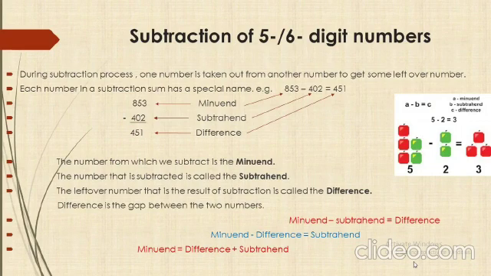Here one more thing, this minuend and subtrahend may be the same, and subtrahend may be 0. Now, this fact is used in 3 different ways. Minuend minus subtrahend gives you difference. Minuend minus difference gives you subtrahend. And minuend itself is the sum of difference and subtrahend.